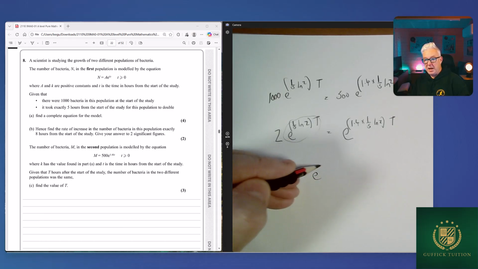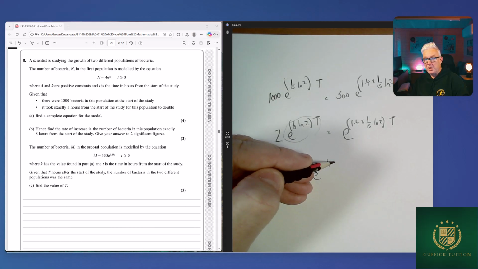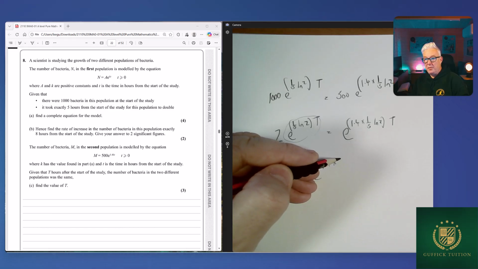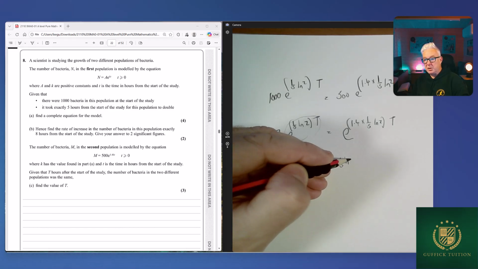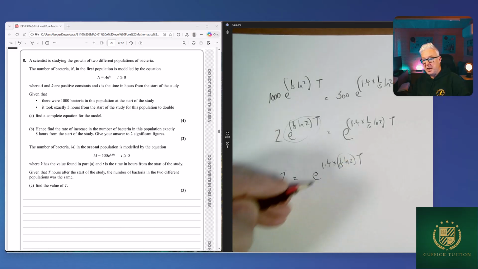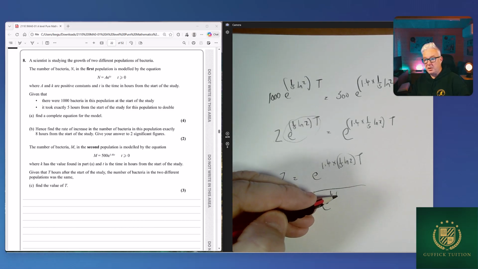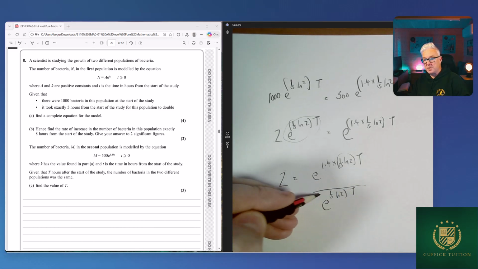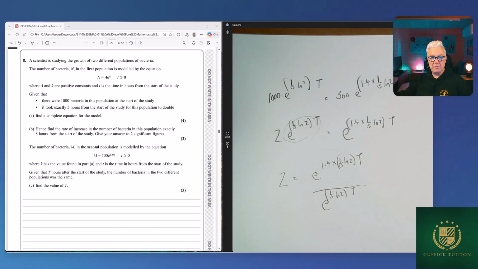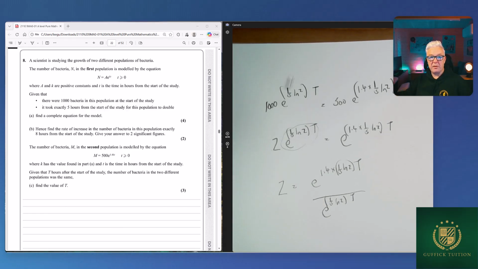So we've got e to the 1.4 times 1/5 ln2 t over e to the 1/5 ln2 times t, like so. And then we'll think about where we're going to go from there.